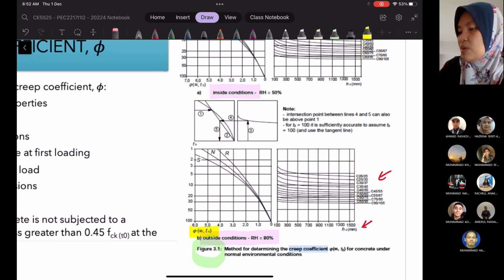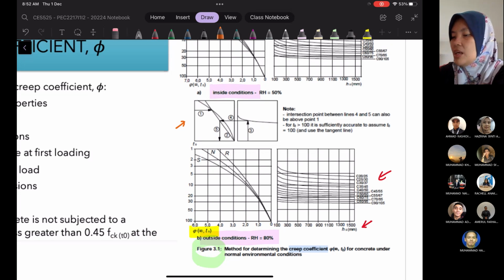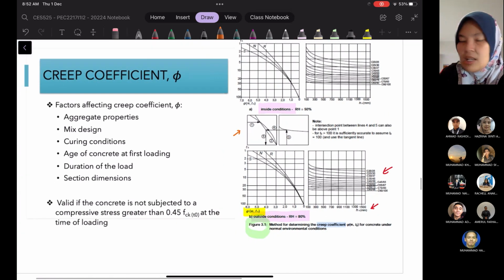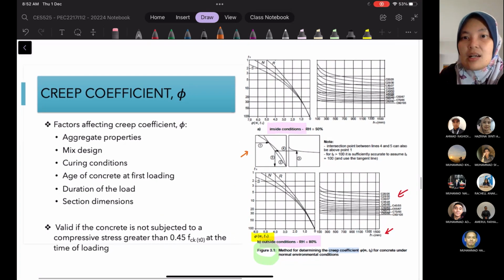So basically we will do it like this. We have this method, number 1, number 2, number 3. It shows which to look at first in order to get the value of the creep coefficient. You can look at this again. If I am not mistaken, in RC design you were taught how to calculate the creep coefficient.